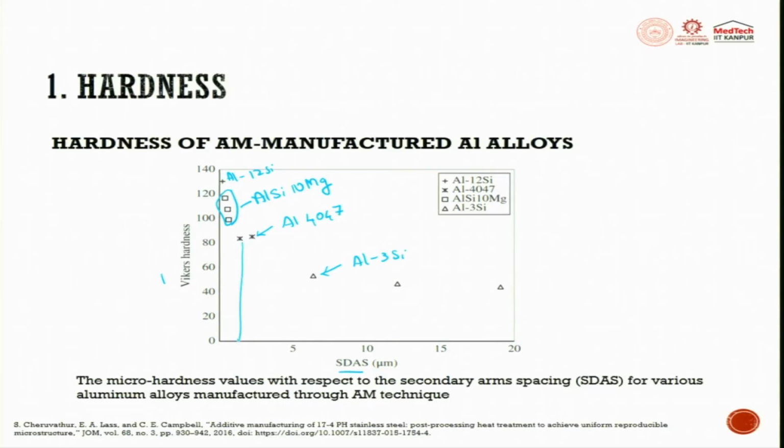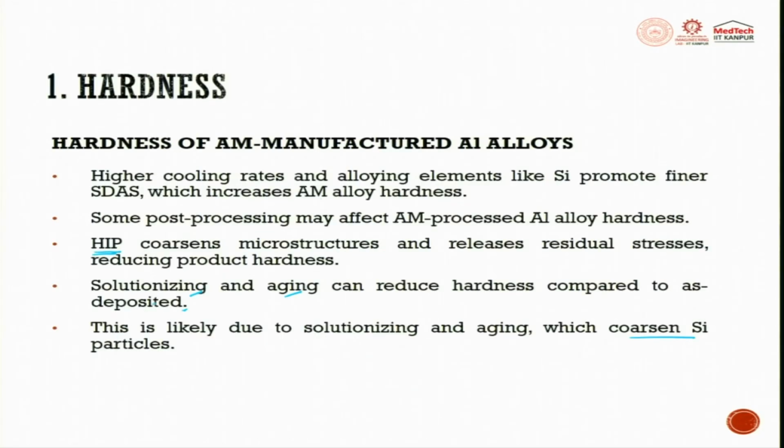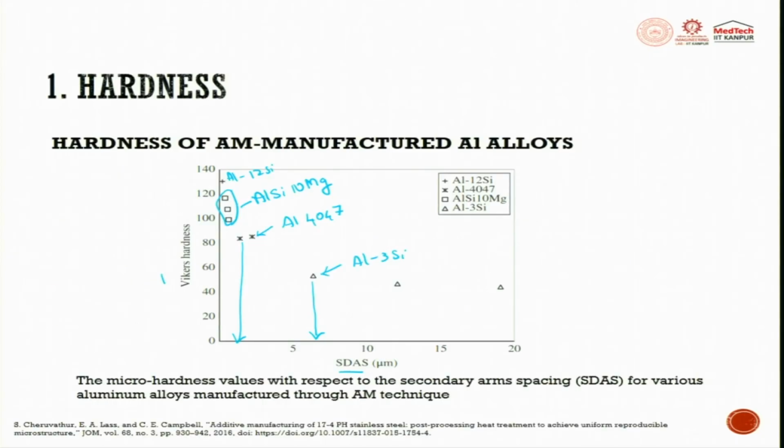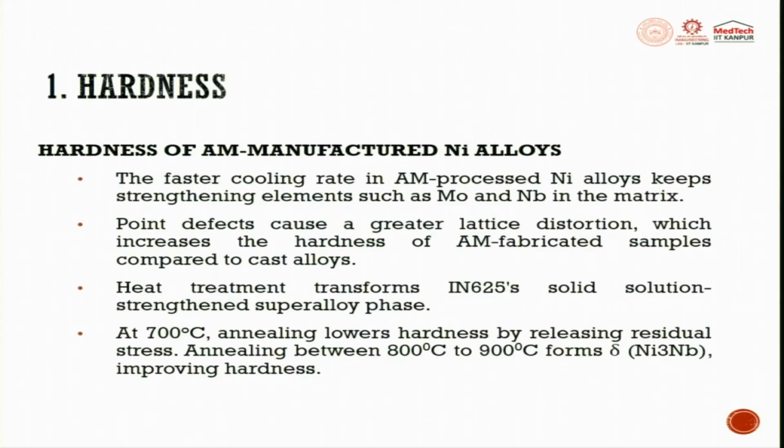You can see 4047 has somewhere an SDAS of 2 microns, then Al 3Si is 6-7 microns, so you can have variation. Solutionizing and aging can reduce the hardness compared to as deposited, likely because they coarsen silicon particles. So, you can do solutionizing and aging on this additive manufactured part.